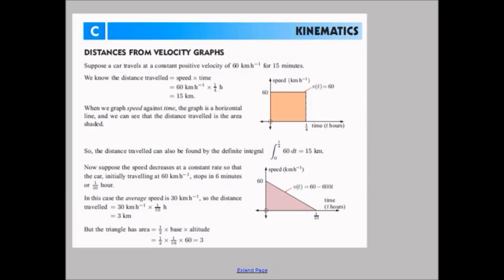So if we look back here at our first slide, kinematics, we know we're dealing with displacement, velocity, acceleration. When we think about displacement, though, we also can think about distances.